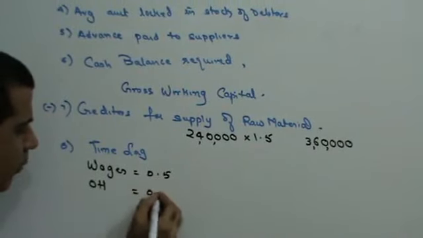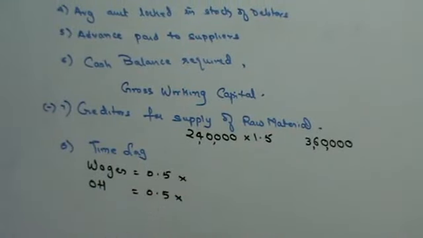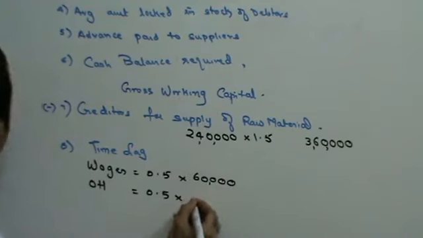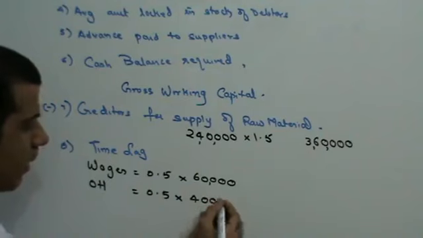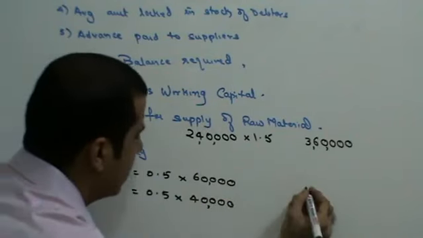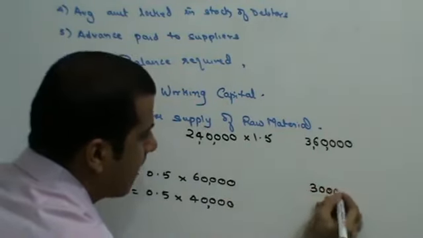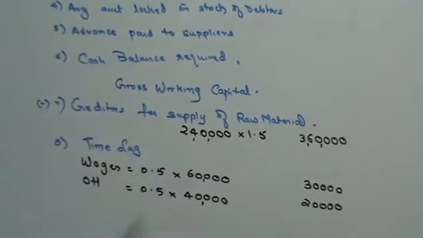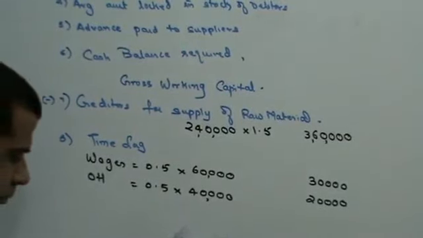Half a month means 0.5. We have already found out wages to be 60,000 and overheads to be 40,000. So this is going to give you 30,000 and 20,000. Fine. Let's move on ahead.